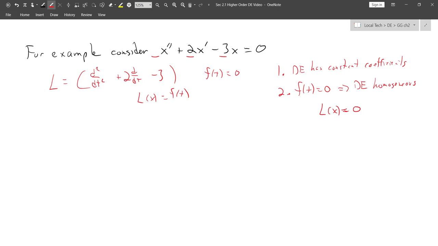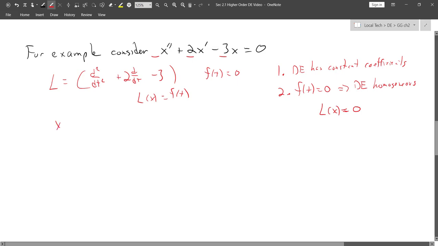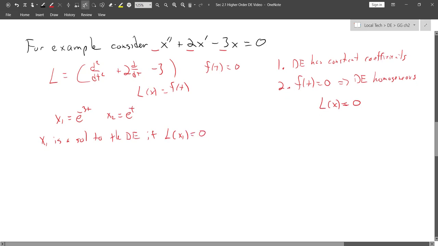Now consider the two functions. x1 is some function of t, and it happens to be e to the negative 3t. x2 is some other function of t, happens to be e to the t. Now, x1 is a solution to the differential equation if L of x1 is actually equal to 0. That's what it means for us to plug this function into the differential equation.